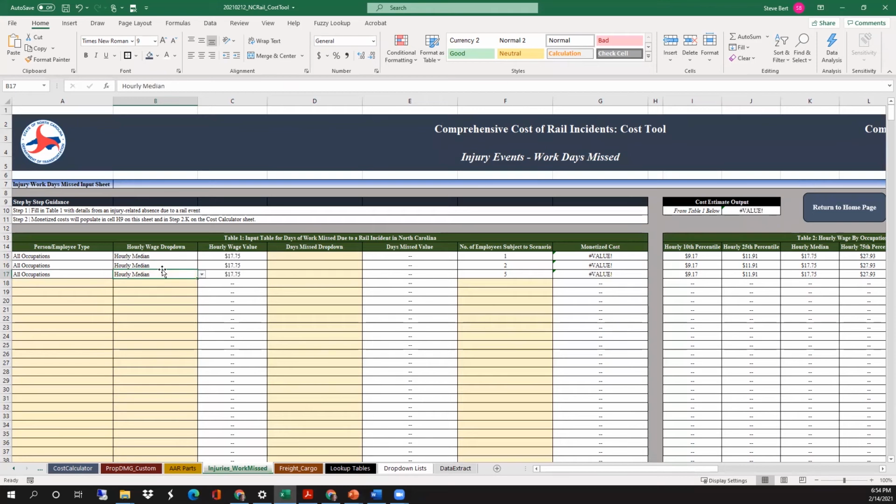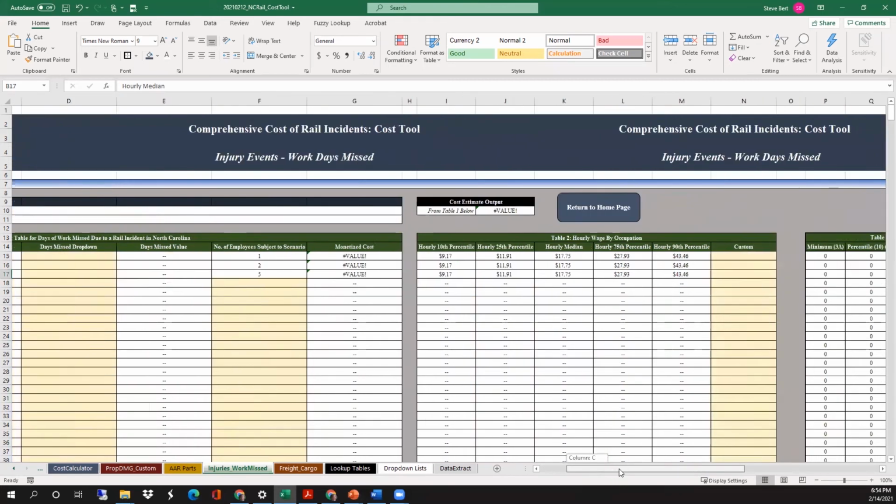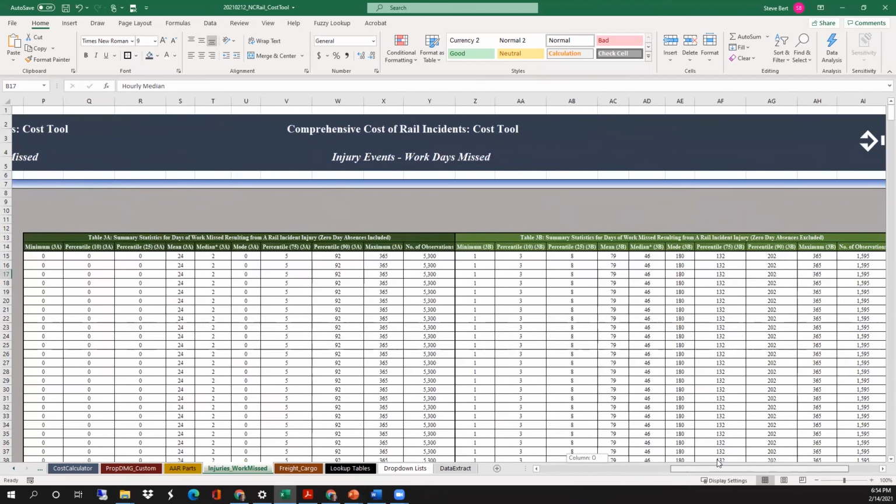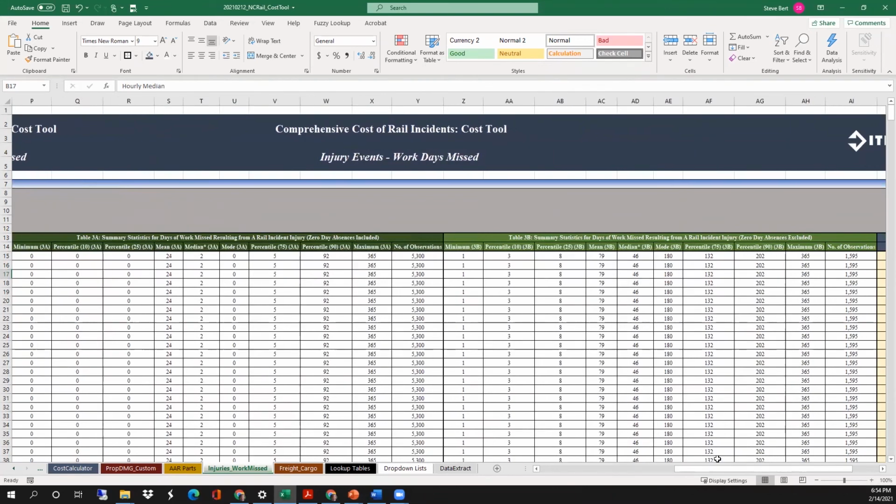Now for days missed, we are going to use benchmark values and context to make our estimates. So we're going to scroll to the right to see our benchmark values for days of work missed. Table A, the dark green table, shows the expected value of missing a day of work.